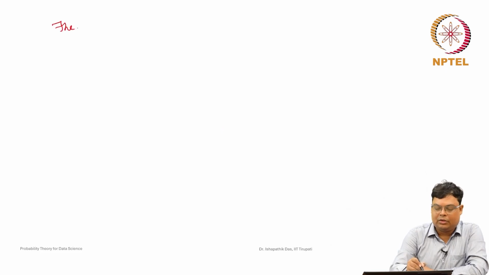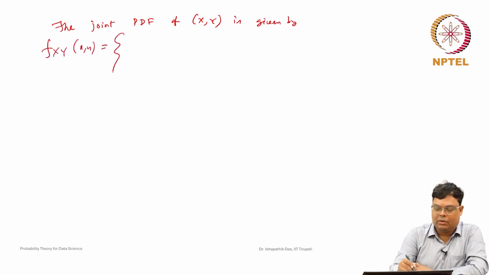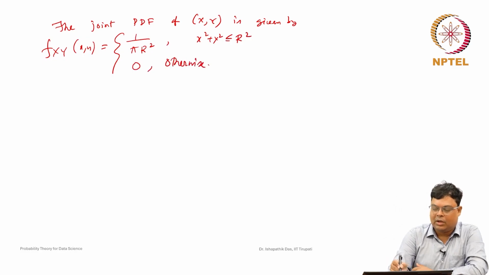So our joint probability density function of x y is given by f of x y is equal to 1 by pi r square whenever x square plus y square is less than or equal to r square, and 0 otherwise.